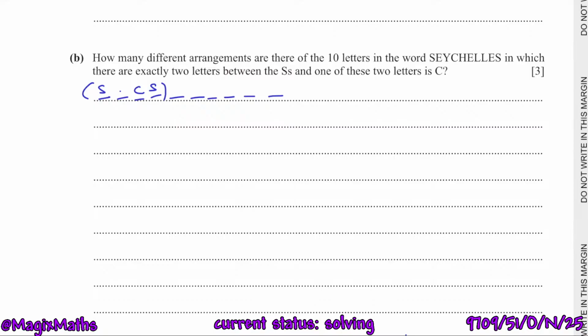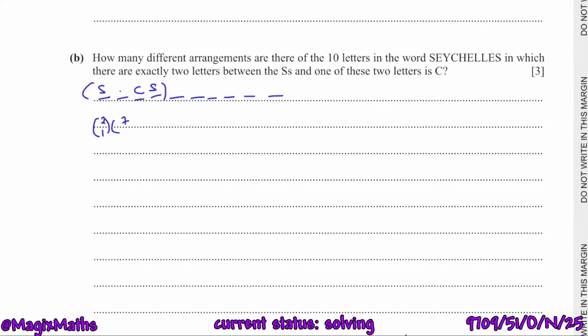Okay, firstly, we can find the number of ways to arrange this four letter combination. So out of 2 C's we choose 1, and then out of 7 other choices.